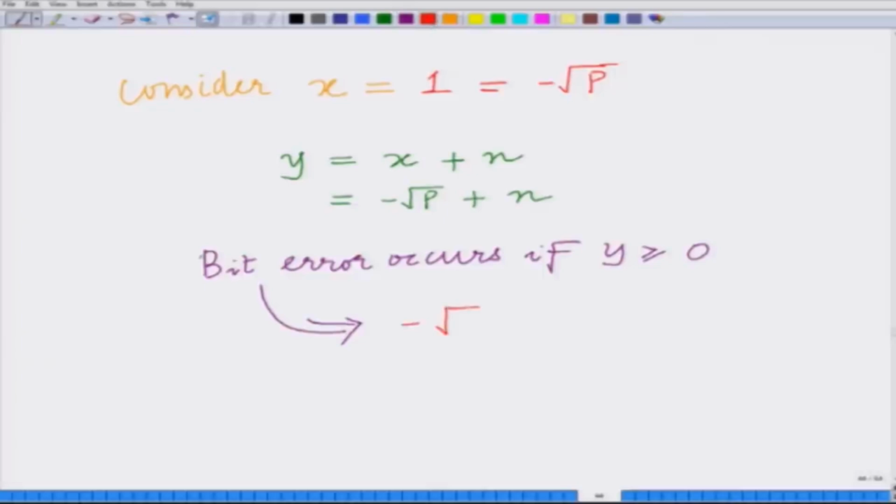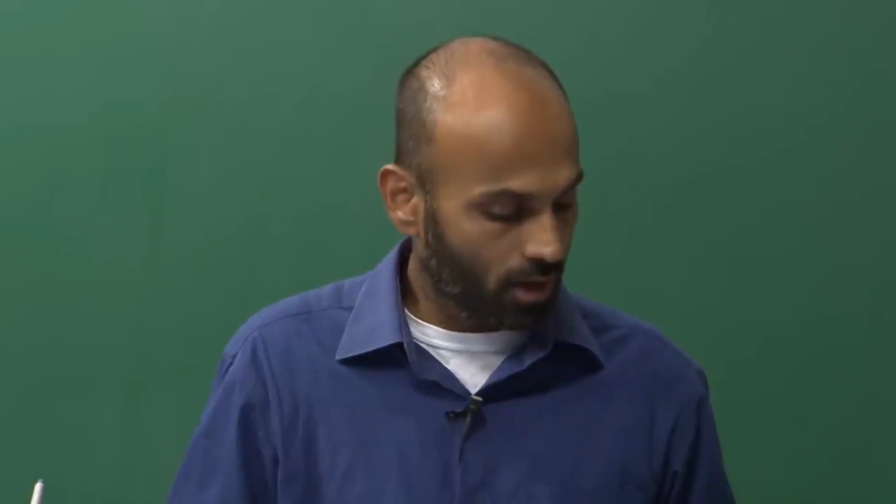And y greater than or equal to 0 implies minus square root of p plus n is greater than or equal to 0, which basically implies that n is greater than or equal to square root of p. That is, the additive white Gaussian noise n is greater than or equal to square root of p.